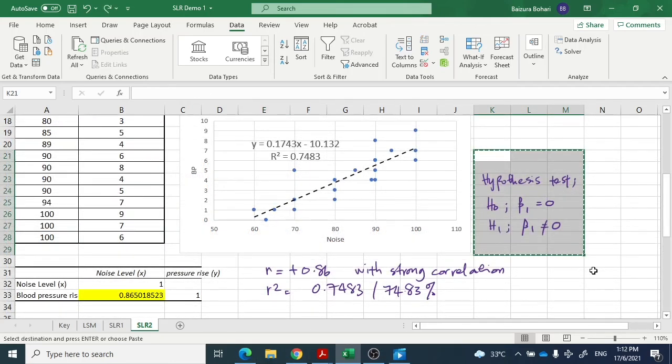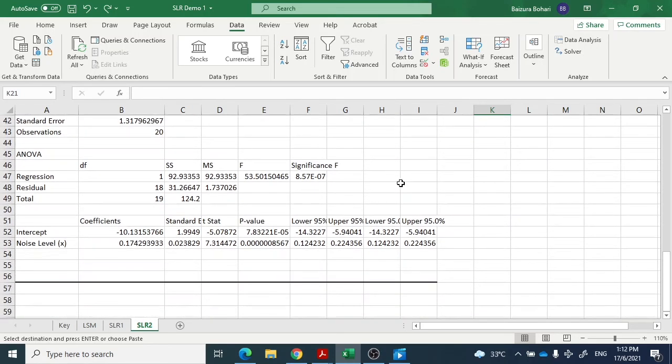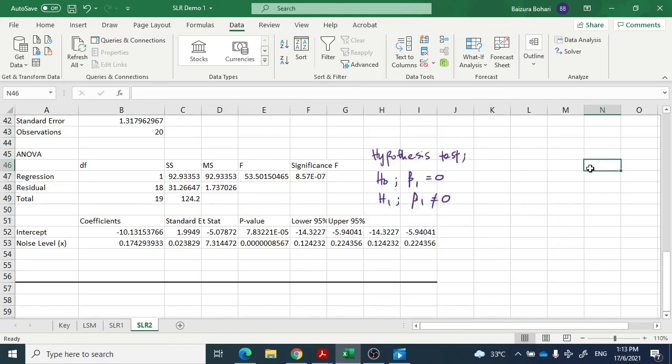So the last step is to see how we can accept or reject our null hypothesis based on the p-value. The null hypothesis is when beta 1 equals 0, and otherwise beta 1 is not equal to 0.